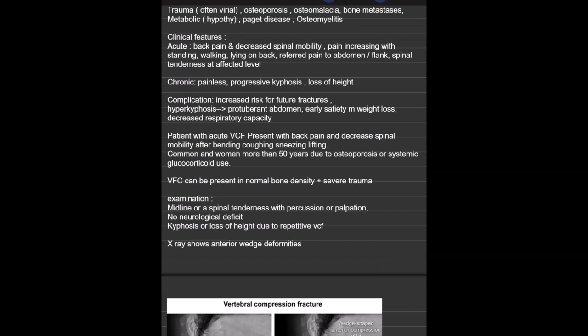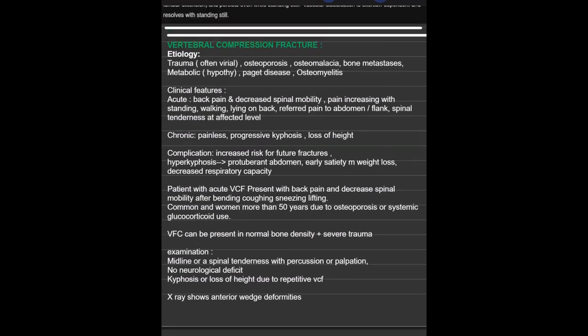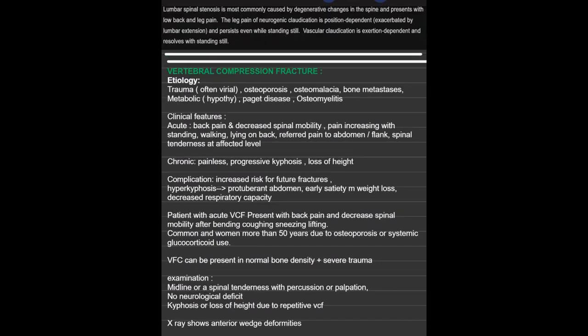My next and last topic is vertebral column fractures, which we call vertebral compression fractures. What are the etiologies? For sure, trauma is one of the important factors. But how does trauma happen to the spine?